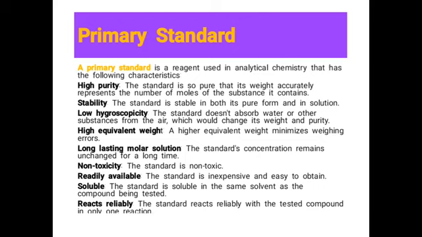A primary standard is usually a reference point in a particular experiment or analysis, and it must be soluble in the solvent of the compound we are trying to test. If you have a primary standard A, and we are trying to analyze compound B, if compound B dissolves in water, the primary standard must also be able to dissolve in water.